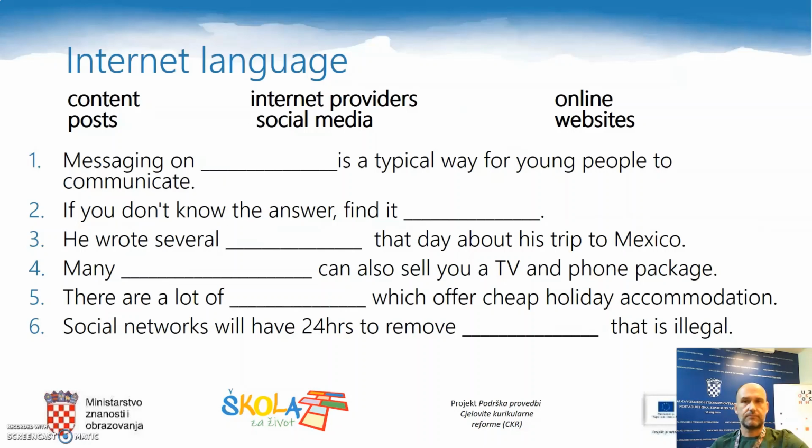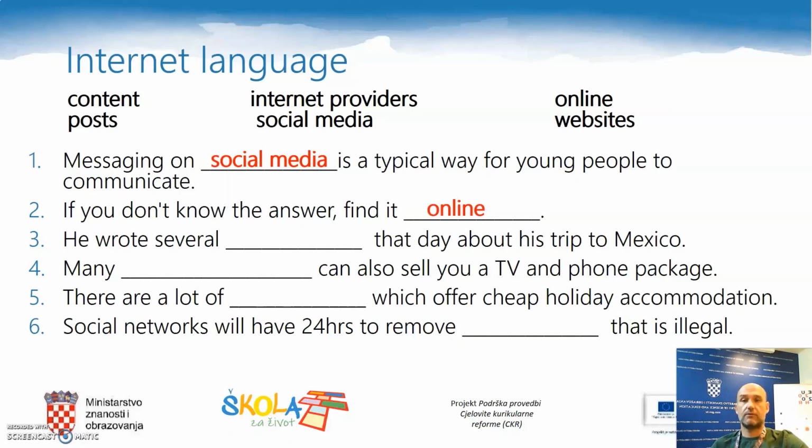Internet language. So the words: content, posts, internet providers, social media, online, and websites. So where do we message? On social media. So messaging on social media is a typical way for young people to communicate. If you don't know the answer, find it online, of course.